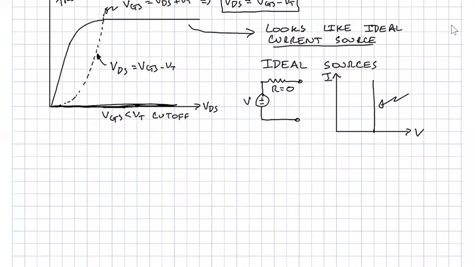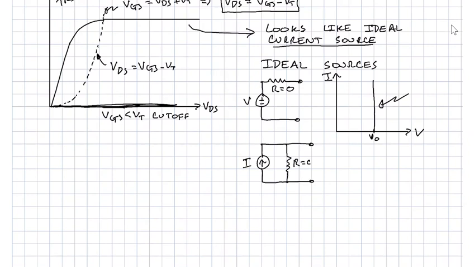The other side of the equation is an ideal current source. So this would be your Norton equivalent. So if this is some I, maybe we would just call that V naught. We set it to some voltage that we want, and it'll give us whatever current is required. So on the current source side, it's just the opposite.